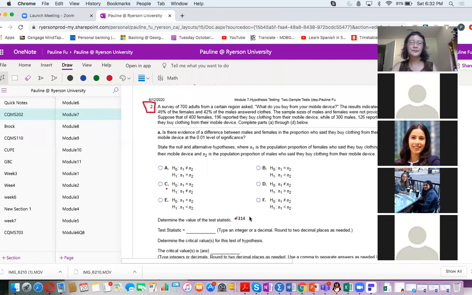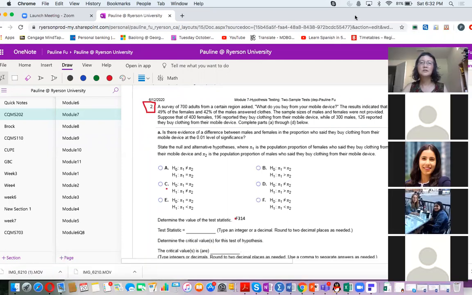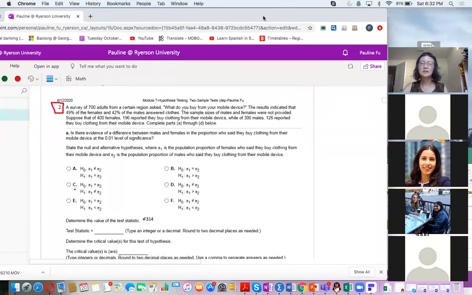Question 2. A survey of 700 adults from a certain region asked, "What do you buy from your mobile device?" The results indicated that 49% of females and 42% of males answered clothes.